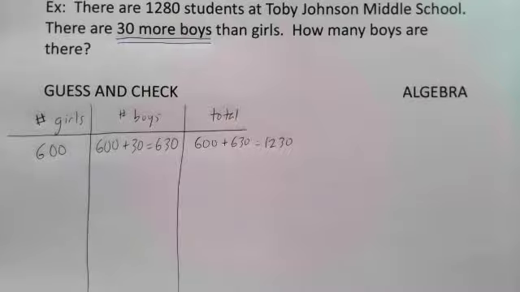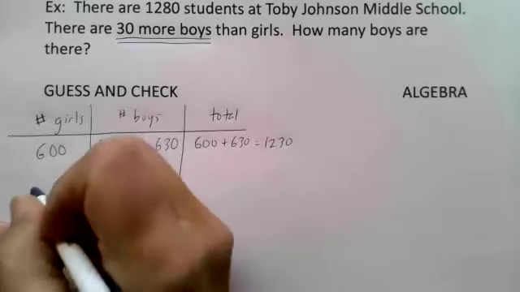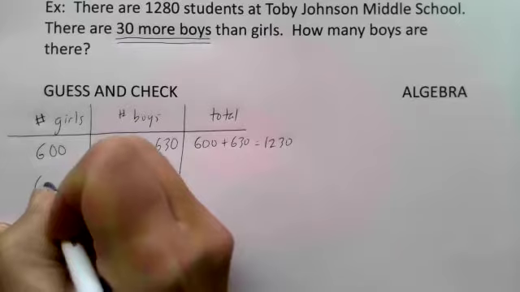So we make another guess. And you should think to yourself, well, should I guess at more girls or less girls? Well, more girls would also mean more boys, which would get this total up. So I think we need a bigger number than 600. Maybe, I don't know, let's say 650.